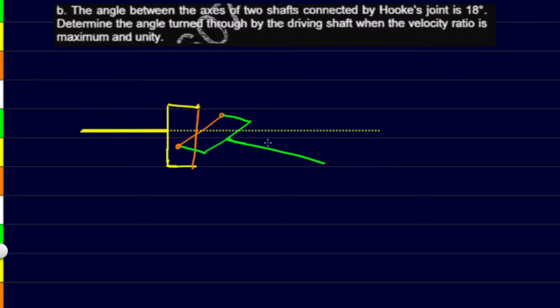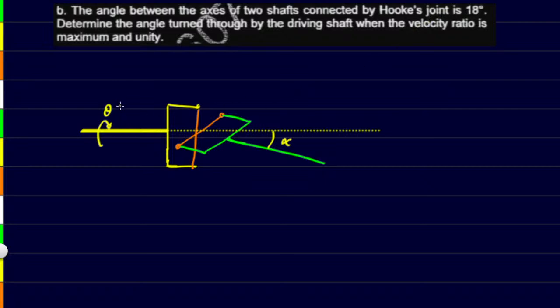Let's say this here is the angle, written as alpha. The angle of rotation here is theta. So we have been asked to find the angle theta.